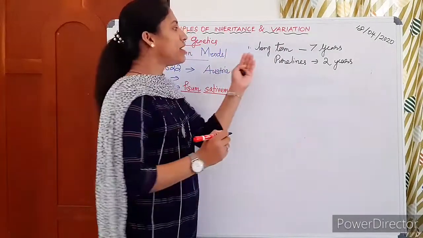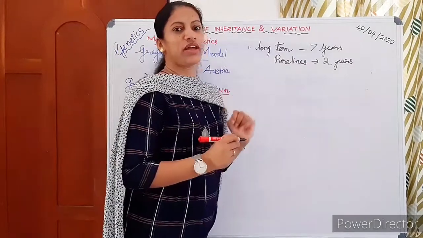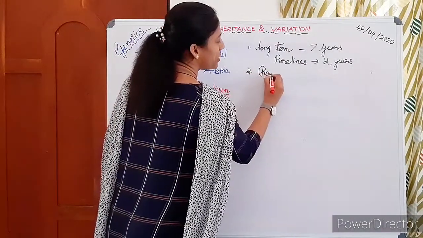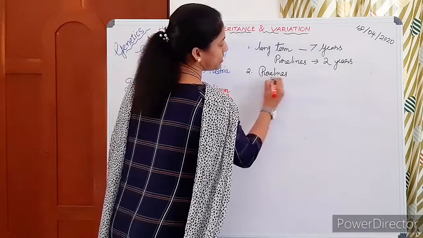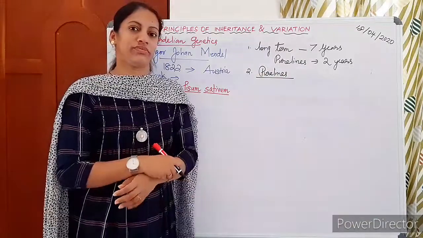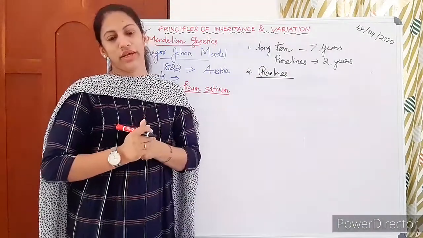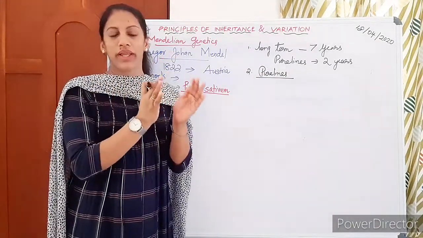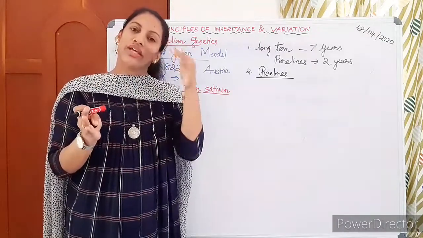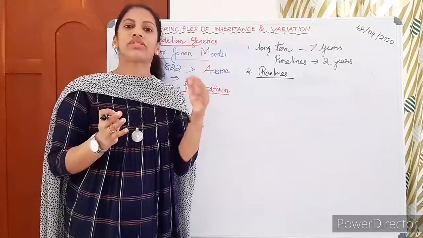And the second thing, you will clearly understand what pure lines are. Mendel conducted all his experiments using pure lines. And for that production itself, he took about 2 years. What do you mean by pure lines? When Mendel selected any plant character or trait, tall or dwarf, he ensured that that character is pure.